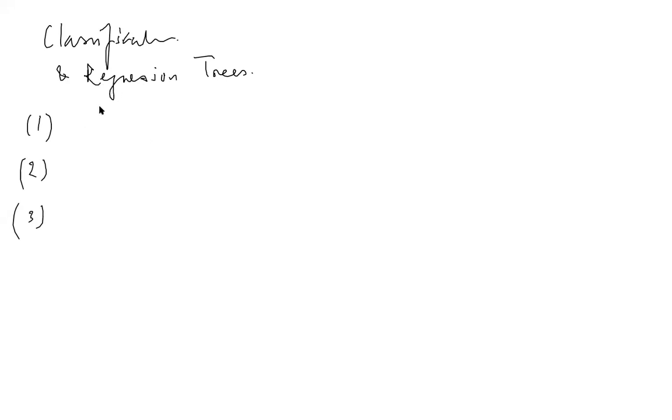So I'll just briefly explain these three. One is called CART, which is basically a short form for classification and regression trees, right? The other is called C5.0, and then the other one is called GUIDE.